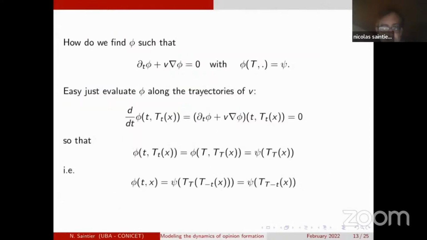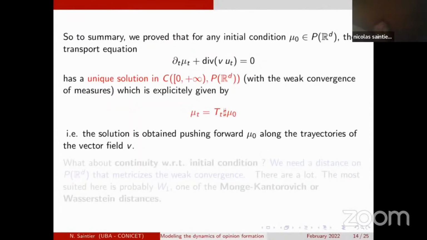So it's pretty neat. So what do we have so far? Well, so far it's pretty nice. So far we have that for any initial condition mu0, a probability measure, we can solve this equation uniquely in this space.